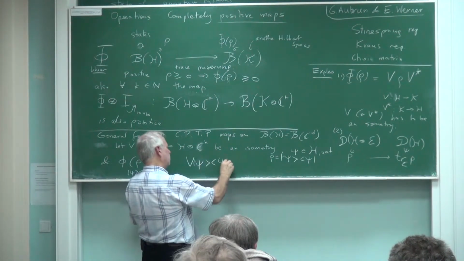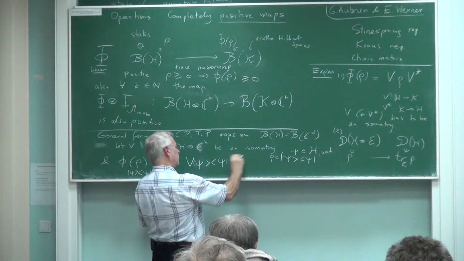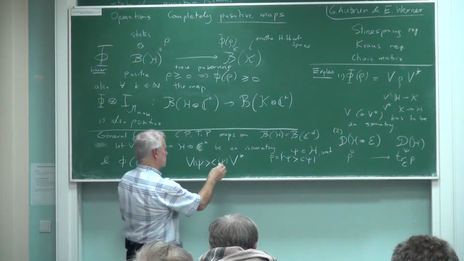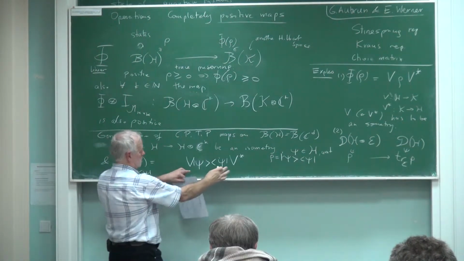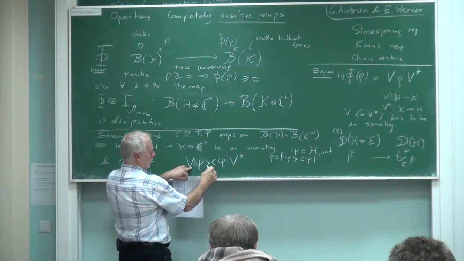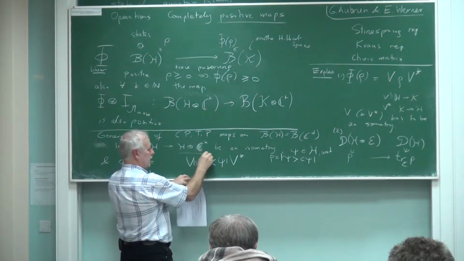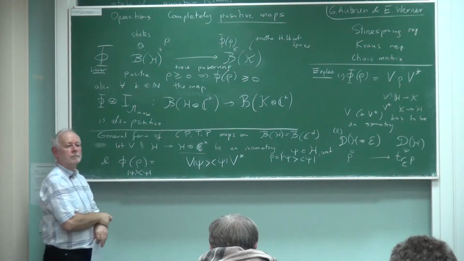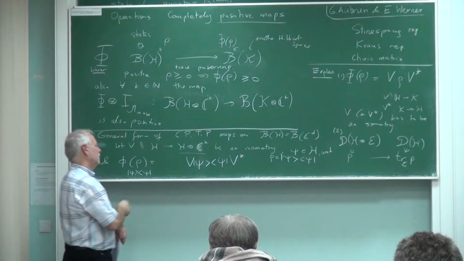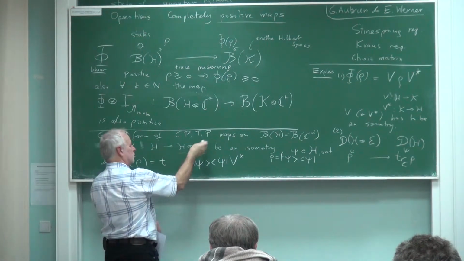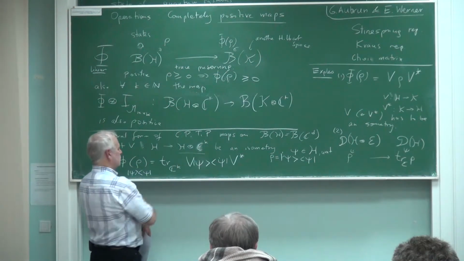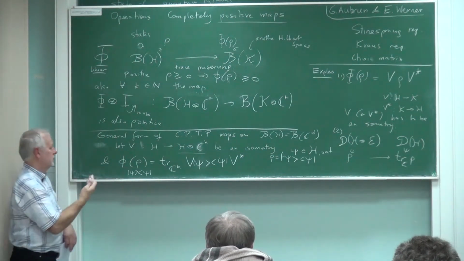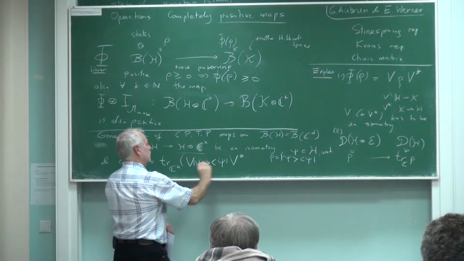This is a rank 1 projection in this space, and now we trace out the second factor, with respect to this C^k, which in physics they call the environment.